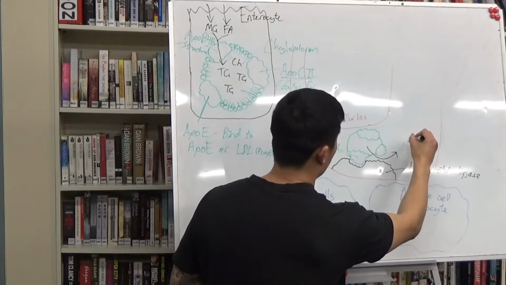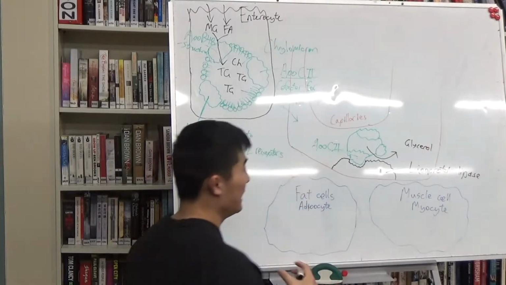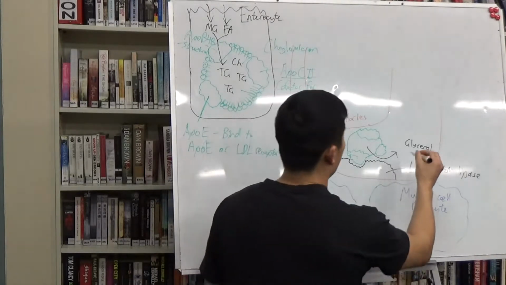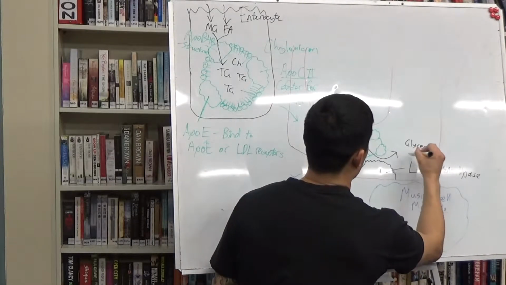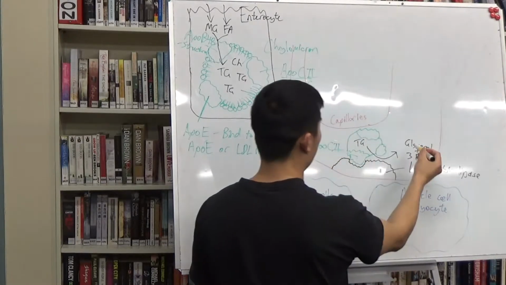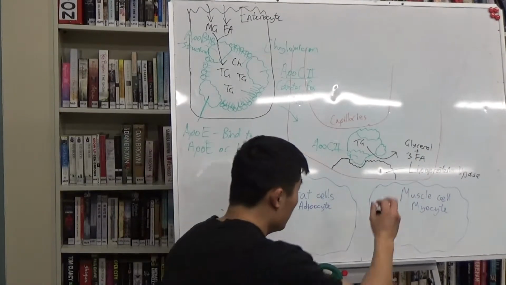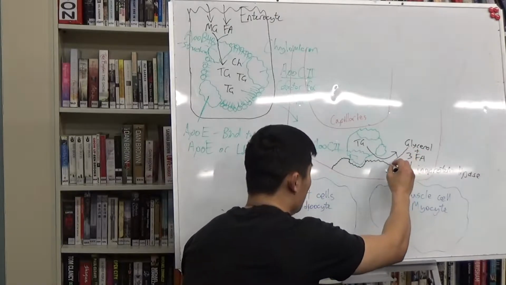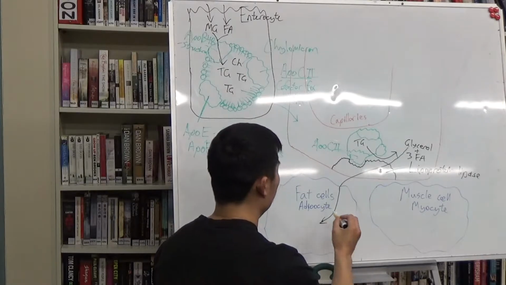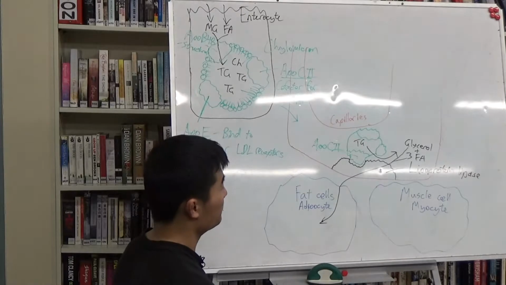And it's going to take all three fatty acids off that triacylglyceride, so that means you're going to have the triglyceride turning into glycerol and three fatty acids. Okay. And so the glycerols, these can diffuse into the fat cells, and so can the fatty acids.